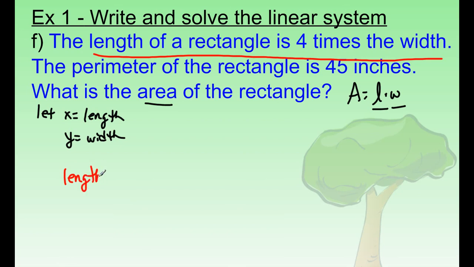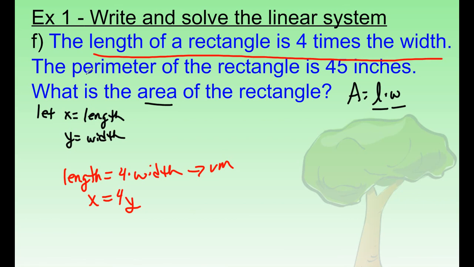Length is 4 times the width. This is our verbal model. As an equation, we'd have x equals 4y.